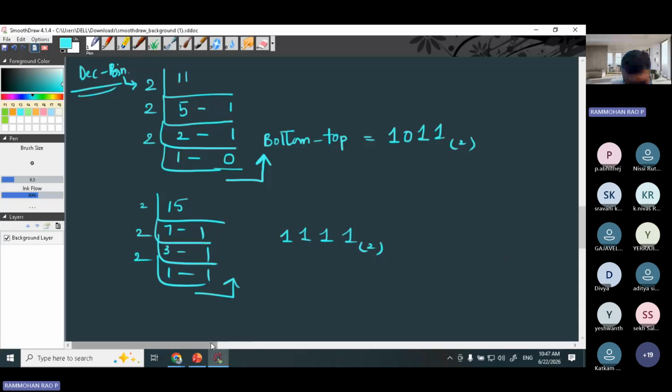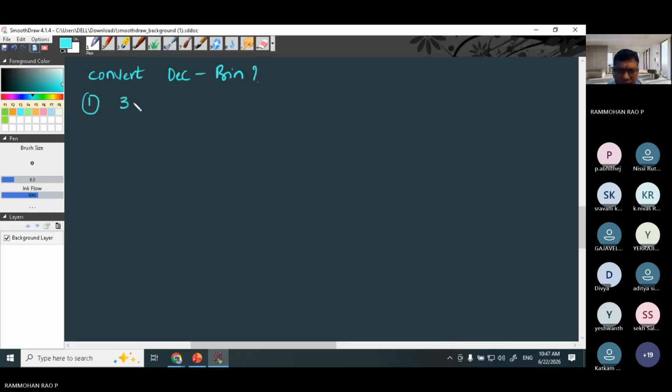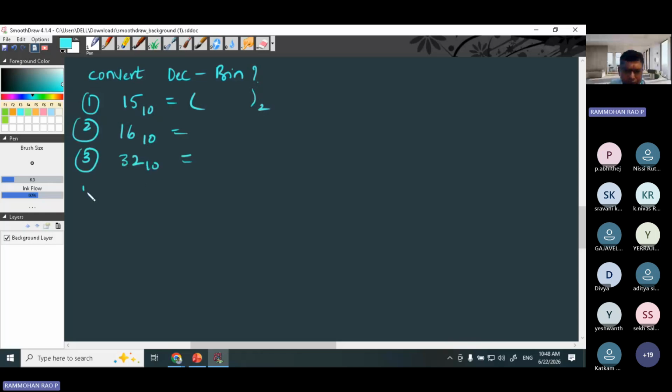Now, you can apply any method, either the 8421 code method or the LCM method. Can you convert the following decimal numbers to binary? So some questions for you. I want 15 base 10. What is the binary form? 16 base 10. What is the answer? 32 base 10. What is the answer?